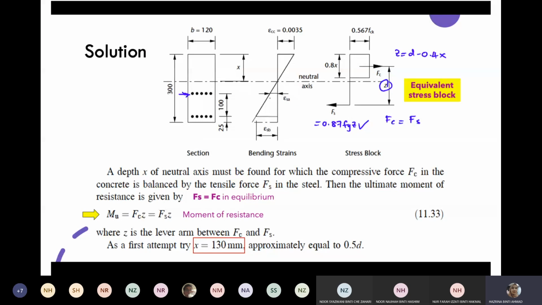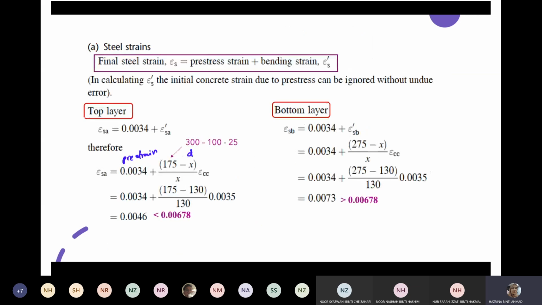So we have 300, minus 25, minus 100, and we get the d value of 175. That is 300 minus the nominal cover and the distance between the two layers. So we have 175 minus x, divided by x.